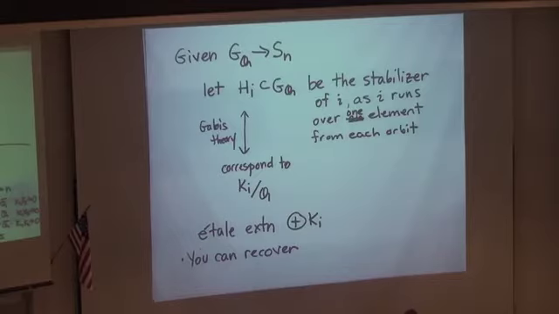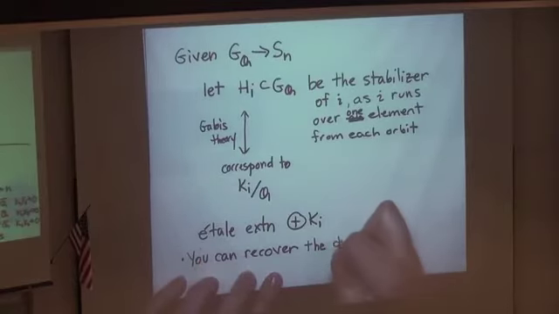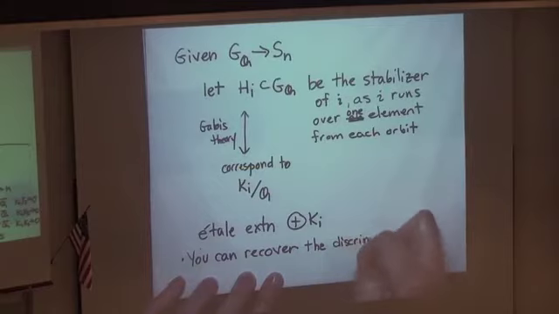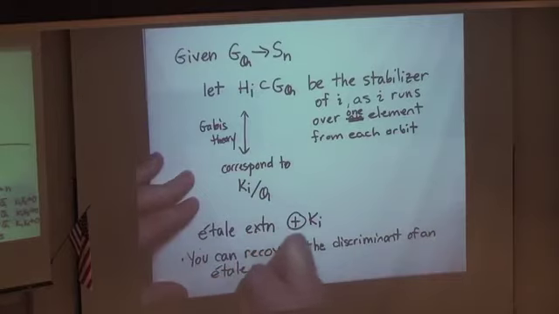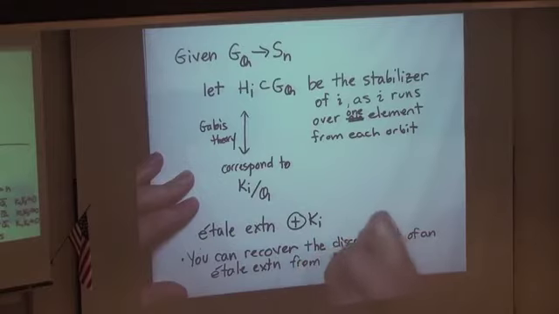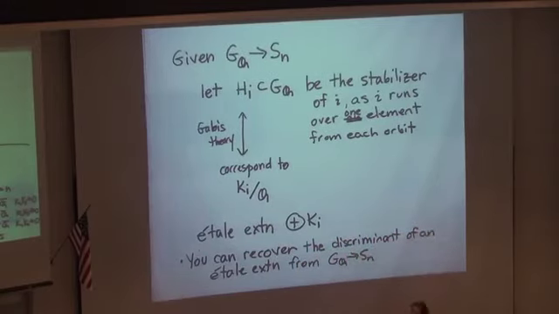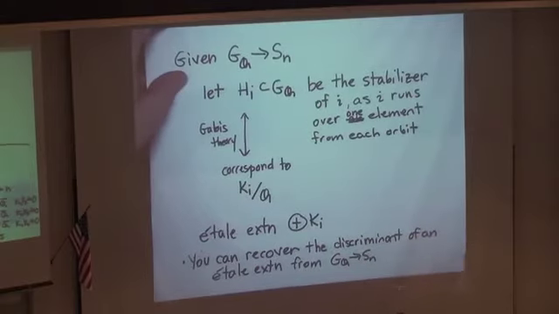And so it's important that in this bijection, you can recover, in fact perhaps more easily than from the field, the discriminant of an étale extension from the map in some reasonable way. We'll see more specifically examples of that, but that's going to be important.